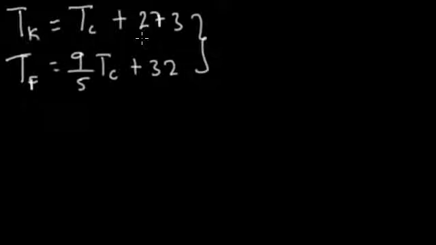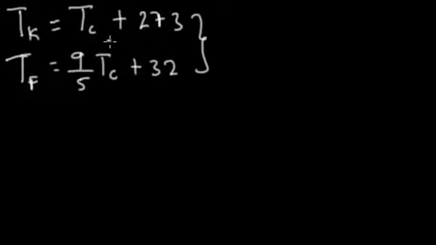Now, the question is, what if we want to convert from Kelvin to Celsius or Fahrenheit to Celsius? How do we do that? Well, since we know these two already, it's easy because we can always isolate the temperature in Celsius. Let's consider the first equation.